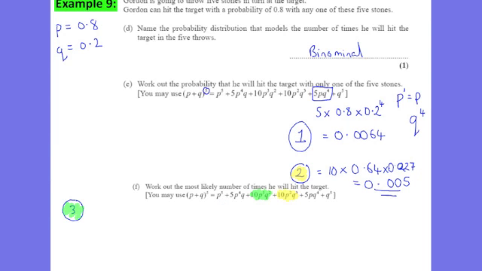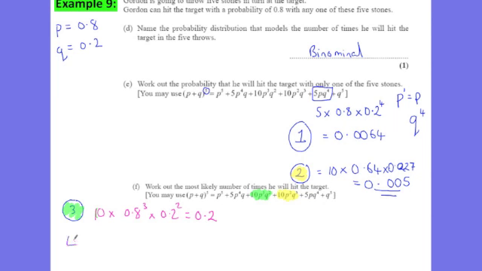So this is what we are going to calculate. 10, so you see, 10 multiplied by the probability of hitting the target 0.8, 3 times, and the probability of 0.2 not hitting the target 2 times. Here we have our probability of 0.2.